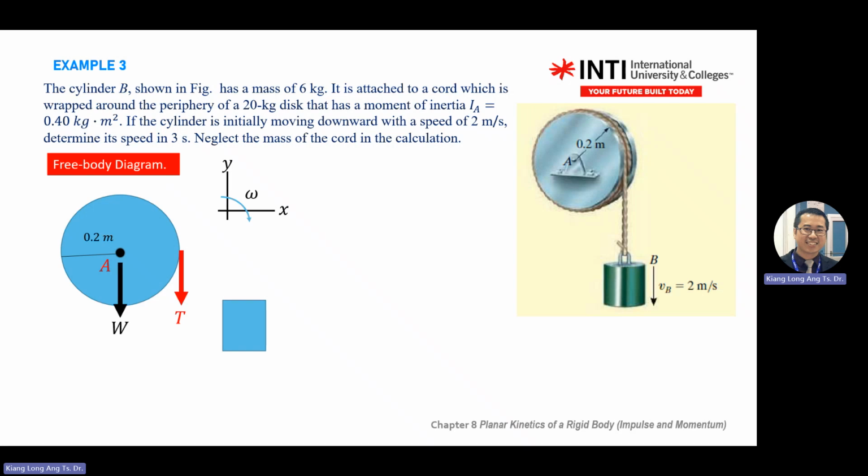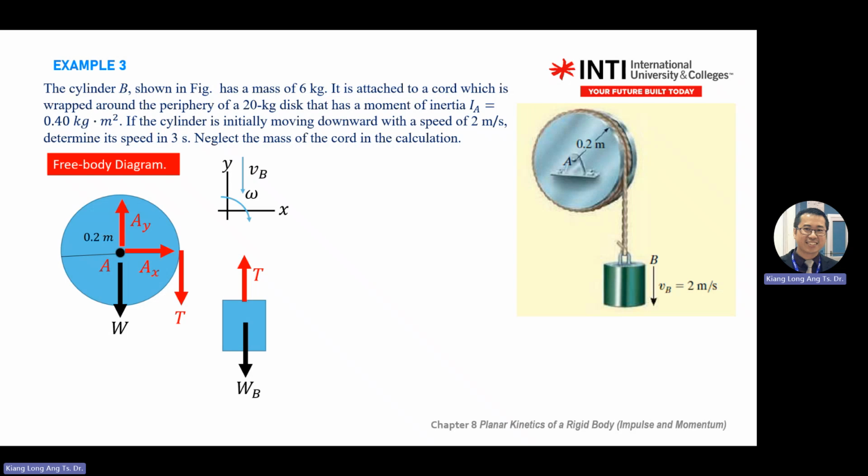But remember the mg, W. Then there's a reaction at pin A, AX, AY. Now you have omega B, so your T is actually related to omega B. And there's a speed VB going down there.